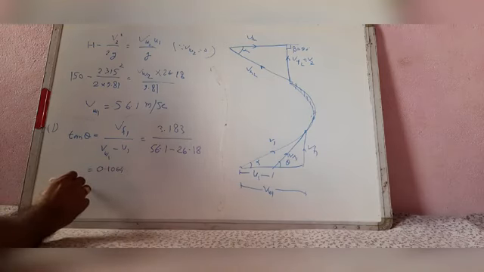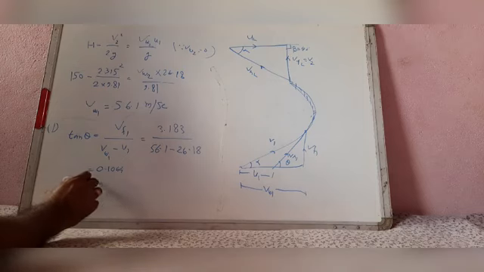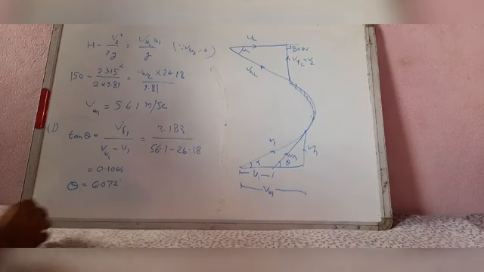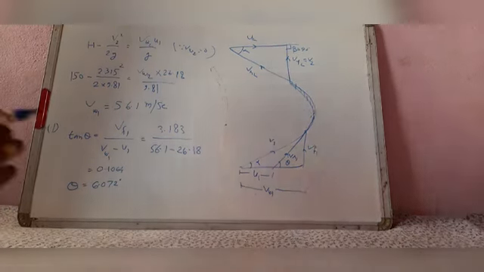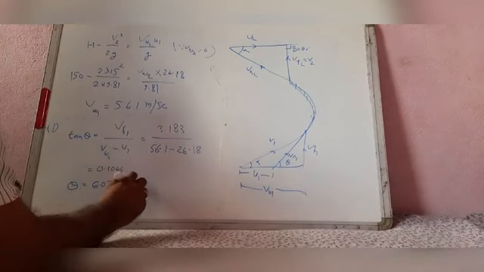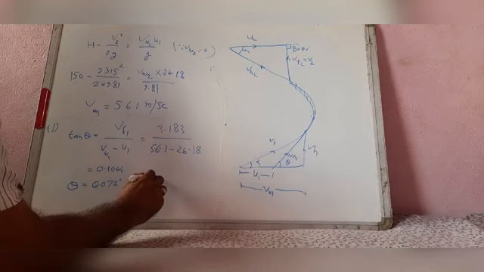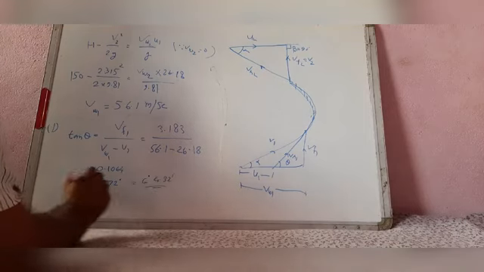So the value of theta comes 6.072 degree, that is equal to 6 degree 4.32 minute.